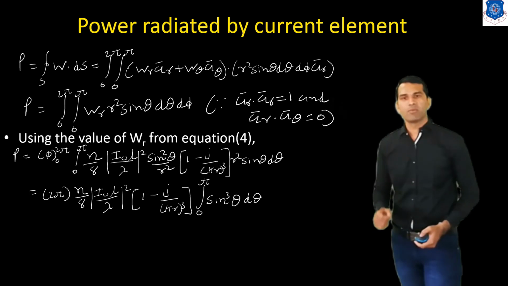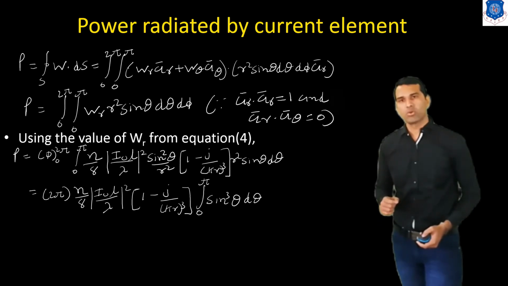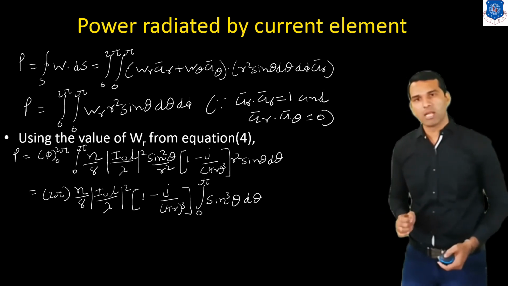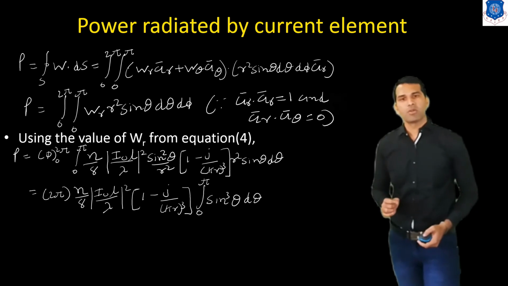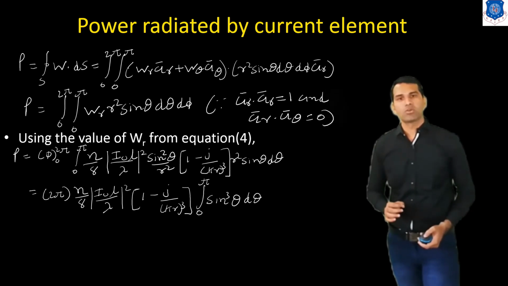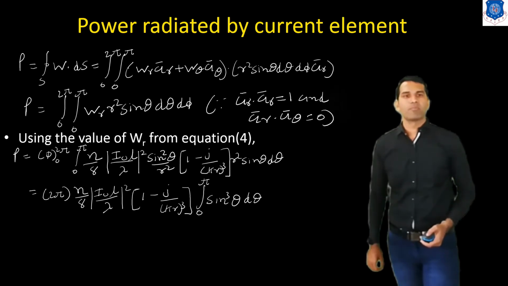Now when we solve the first integral over φ from 0 to 2π, we get 2π, and the remaining portion, η/8 (I0 L/λ)² (1 − j/(kR)³), is common, and in the integration term we have the integral from 0 to π of sin³θ.